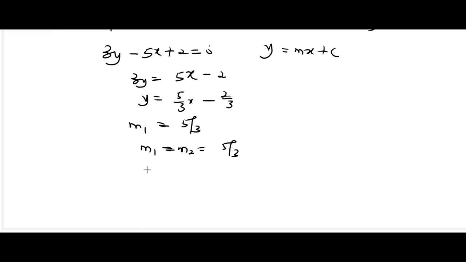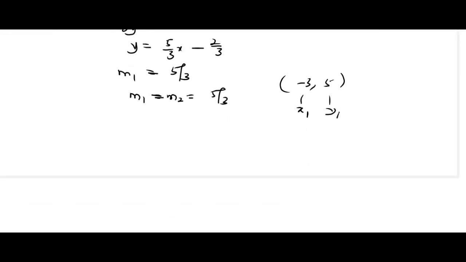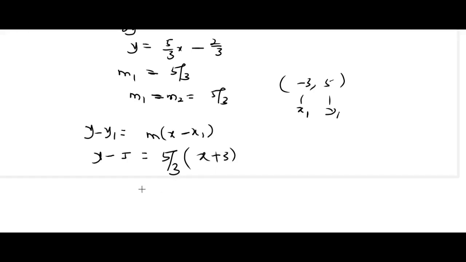And the coordinates given are minus 3, 5. So this is x1, this is y1. So what formula do we use to find the equation? That is y minus y1 equals m into x minus x1. So this is y minus 5 equals 5 over 3 into x minus x1, that's x plus 3.